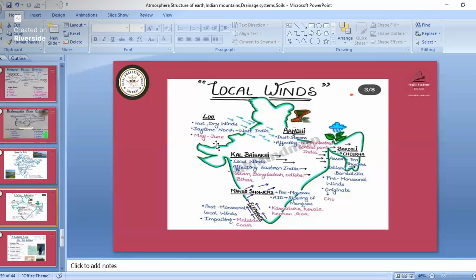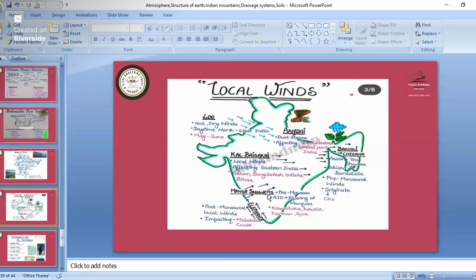Study about all these local winds because they might ask in which area Kal Baisakhi winds flow. So it flows in Assam, Bangladesh, Odisha and Bihar area, Kal Baisakhi. In summer time it is a hot wind. And mango showers happen in Karnataka and Tamil Nadu area.